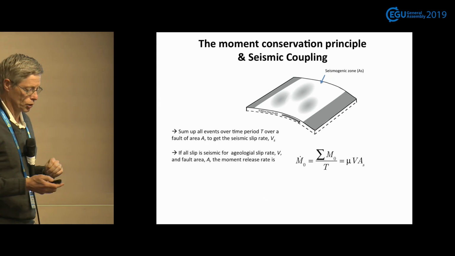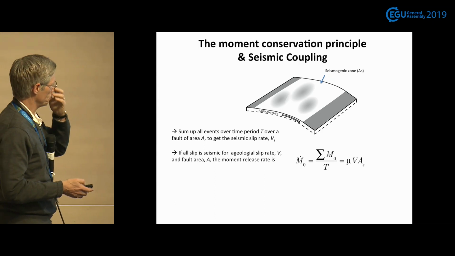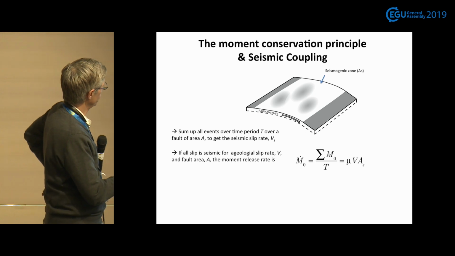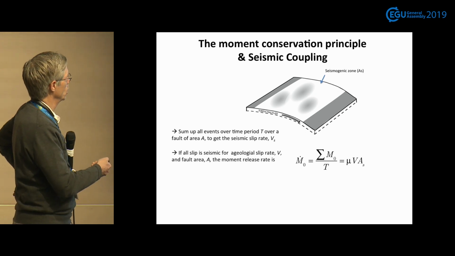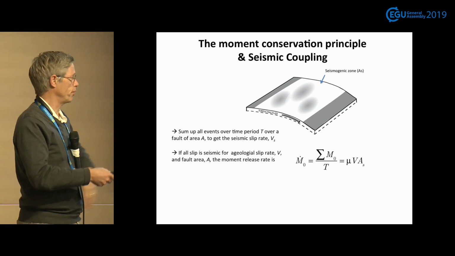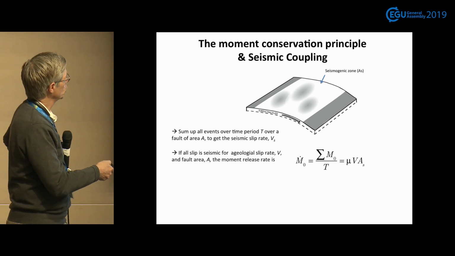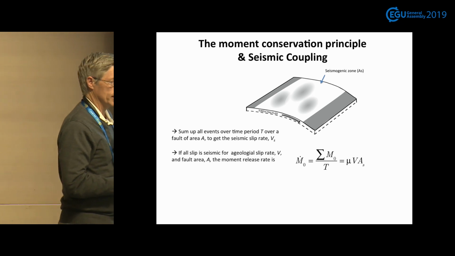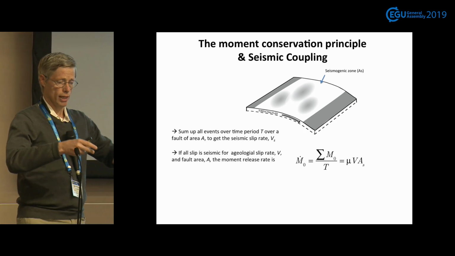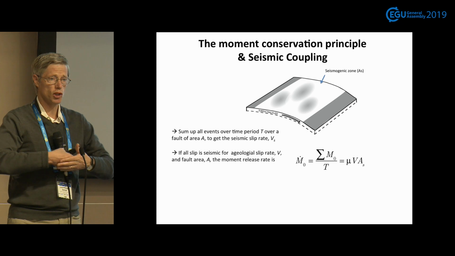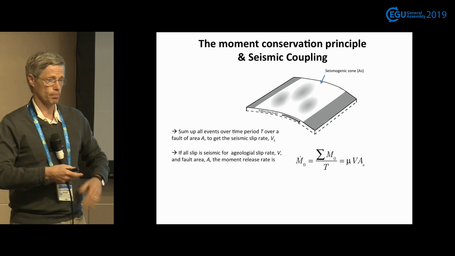I'm going to explain that based on this simple diagram. Let's imagine that this is the megathrust, the plate interface along which this plate is being subducted. And let's assume that the gray area is slipping slowly, but the white area is the area that would slip episodically during earthquakes.